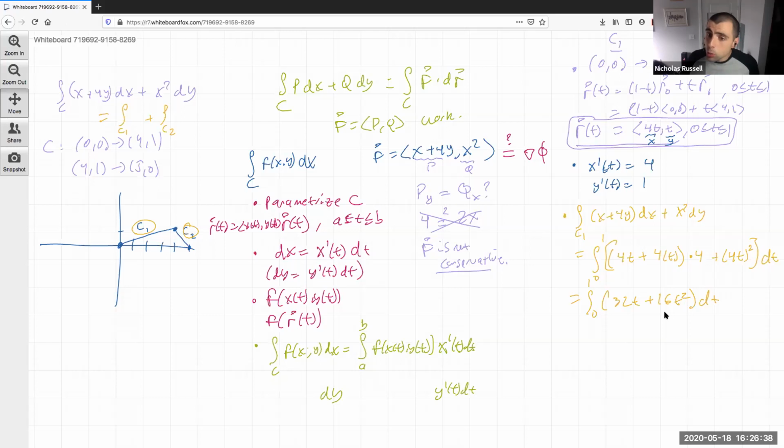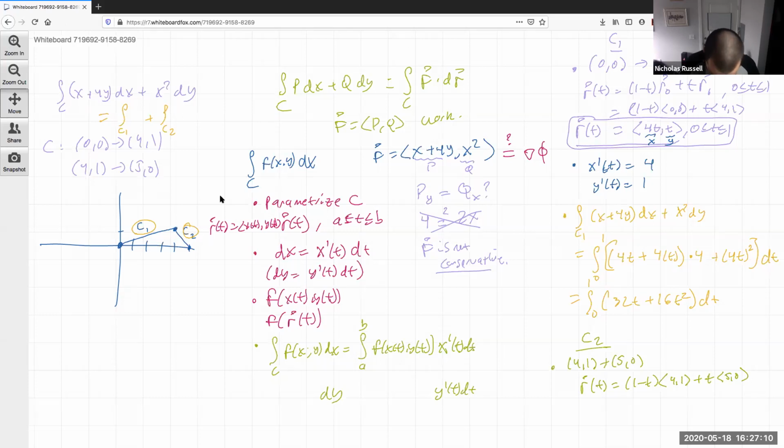But then once I've calculated this out, I could calculate C2 by doing the same exact process. So if I wanted to use C2, at least as what we start off with here before I end this, we're going from (4, 1) to (5, 0). And so again, I could use my parameterization: my line segment here would be 1 minus t times (4, 1) plus t times (5, 0).